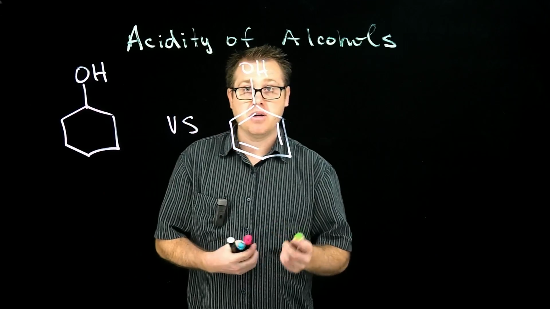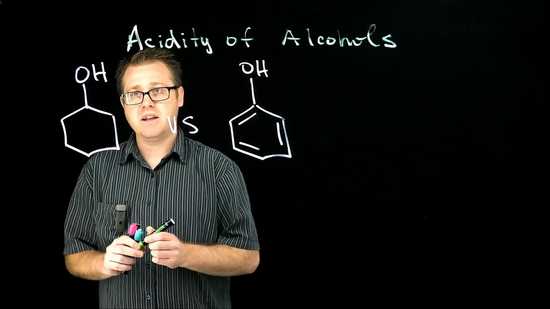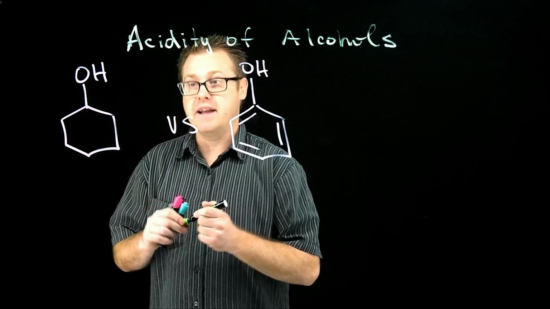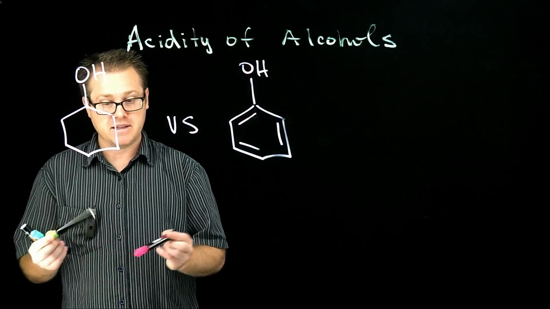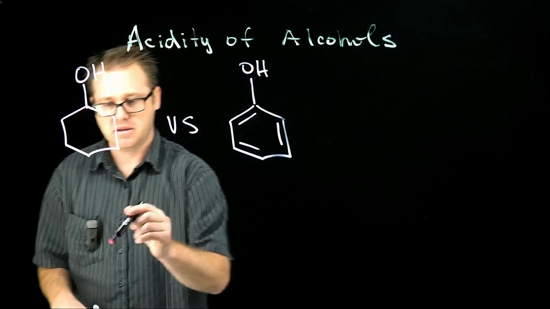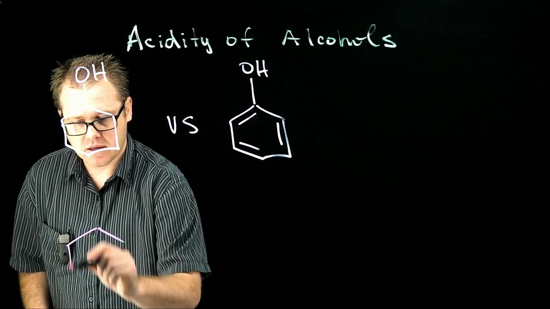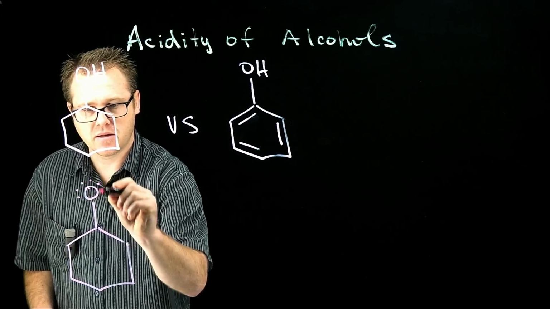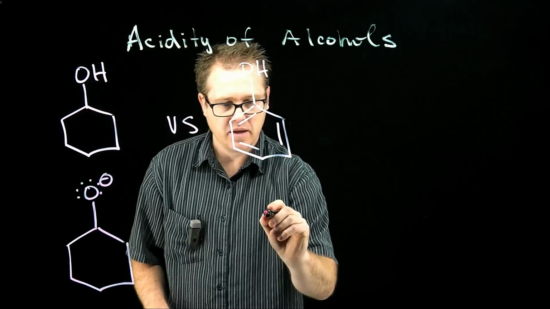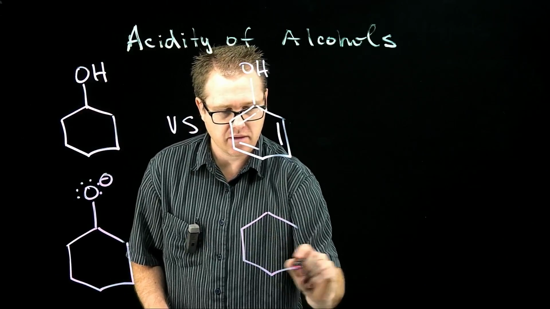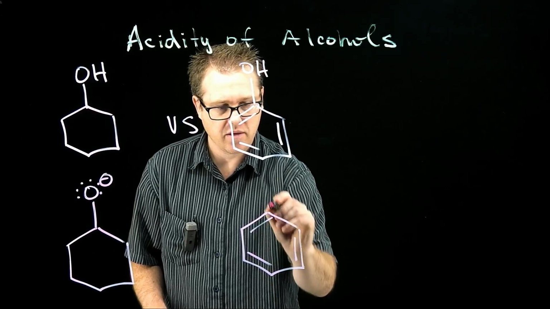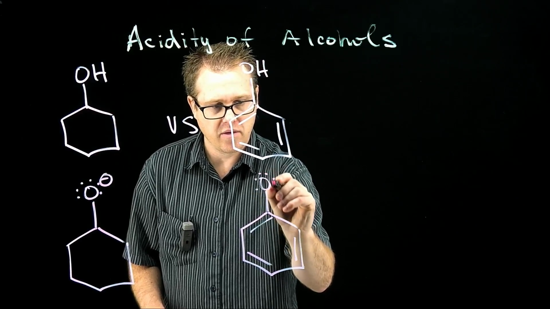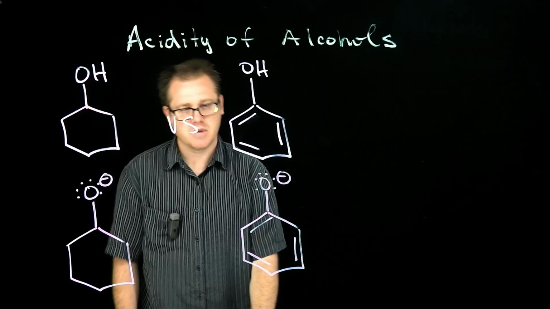Which one would you think is the most acidic? Well, remember, qualitatively, the best way to do that is to look at its conjugate base and look at the relative stabilities. All right, so this would be the conjugate base, and this would be the conjugate base. Like that.